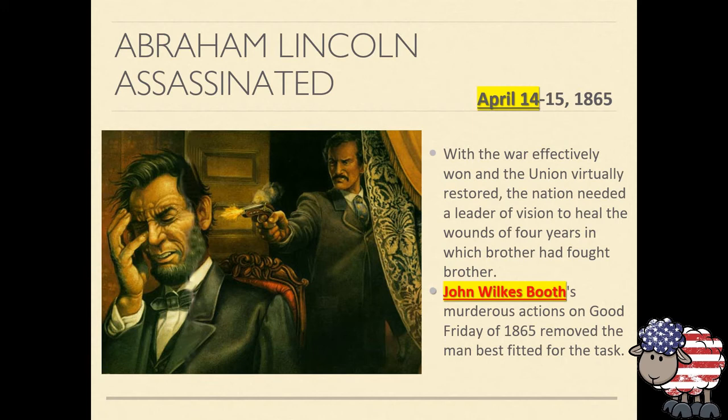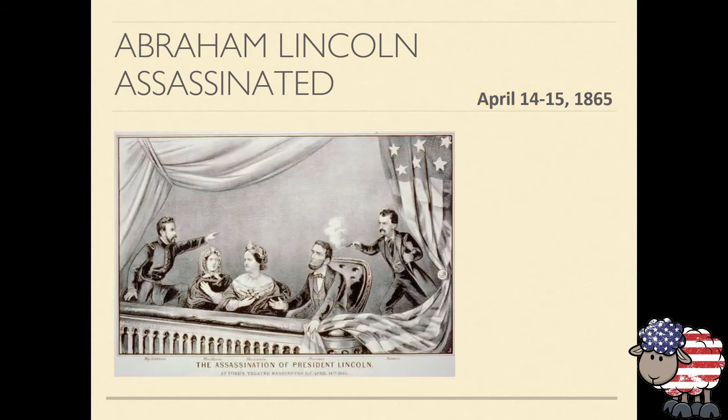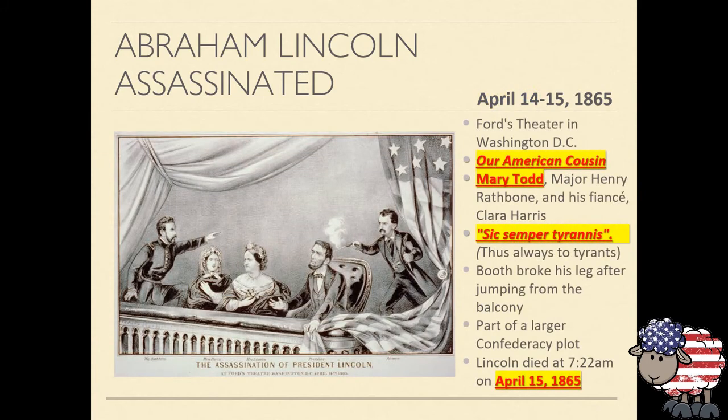So John Wilkes Booth, a Southern sympathizer, shoots him while attending the play Our American Cousin at Ford's Theater in Washington, D.C. Lincoln's wife, Mary Todd, Major Henry Rathbone, and his fiancée, Clara Harris, were with him. As John Wilkes Booth shoots Lincoln, he shouts "Sic Semper Tyrannis," thus always to tyrants, which is also the state motto for Virginia.